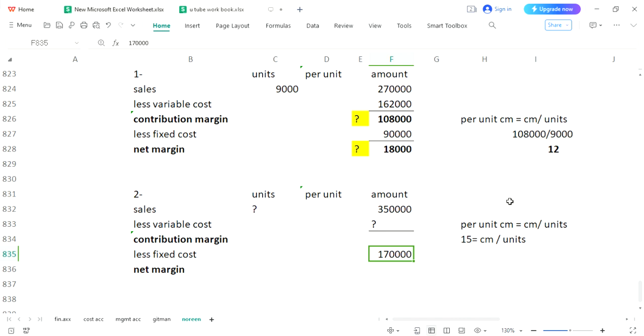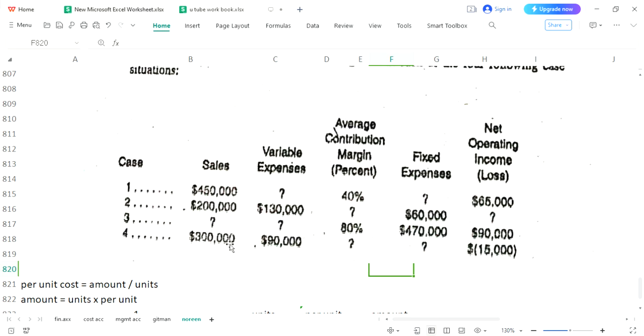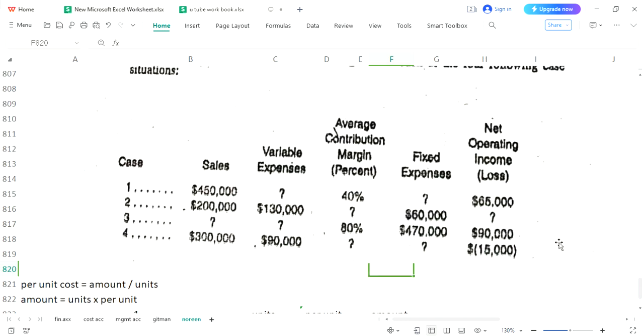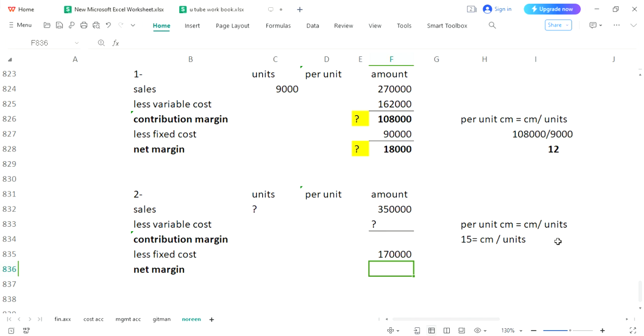And now the final verdict is what you will be looking at. Your final answer, net operating income, is 40,000, which is also over here. So put 40,000.